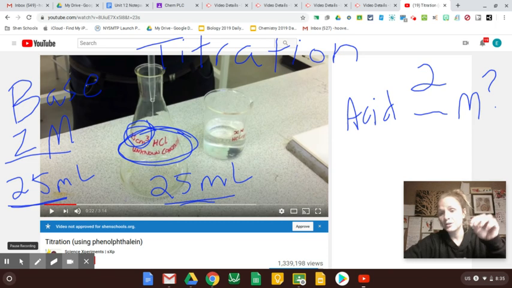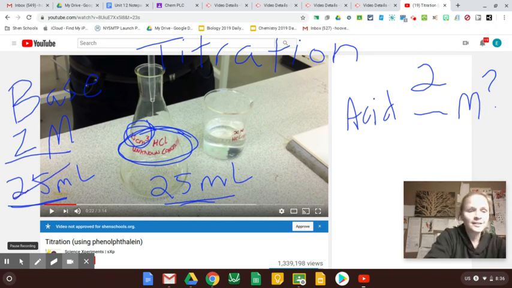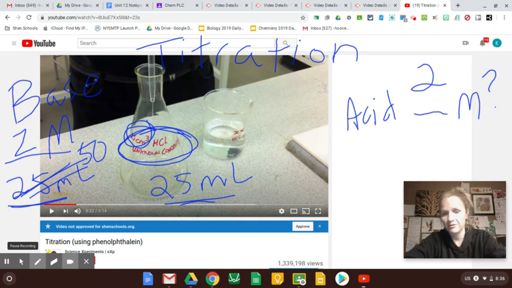It's like adding something you know, a base that you know, to an acid that you don't know and seeing how much it takes to neutralize. Let's say that it took 50 milliliters to neutralize 25 mils of acid. So you're like, wow, it took twice as much base to neutralize that acid. So maybe the acid is twice as strong. And that's what you do.